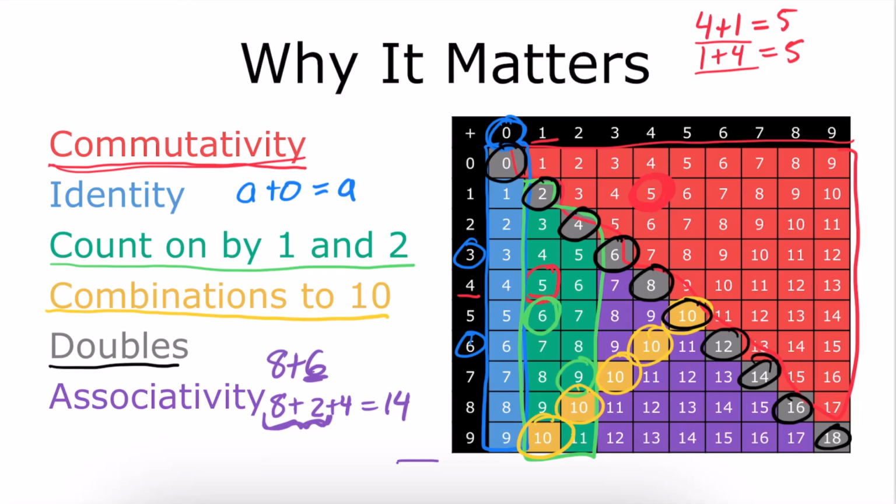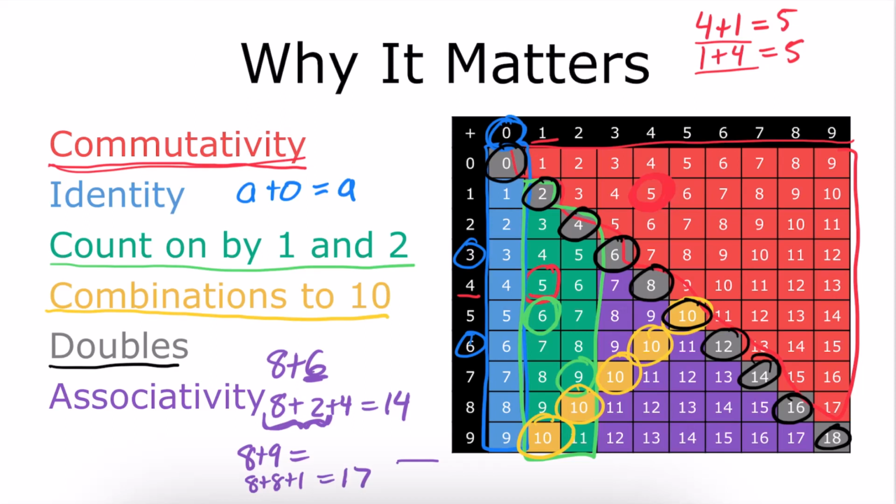And you could do something similar, like if you had, let's say like 8 plus 9. Well, you might have your doubles memorized, and so you could think about this as 8 plus 8 plus 1, and 8 plus 8 is 16, so if you add one more to that, that would be 17. And so you could think about it that way.